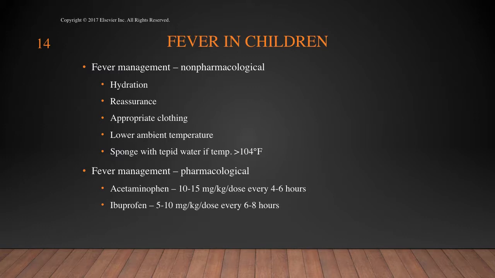Pharmacological management of fever, we recommend either acetaminophen at a dose of 10 to 15 milligrams per kilogram per dose, repeated every 4 to 6 hours as needed. An alternative treatment for children greater than 6 months of age is ibuprofen at a dose of 5 to 10 milligrams per kilogram per dose every 6 to 8 hours.